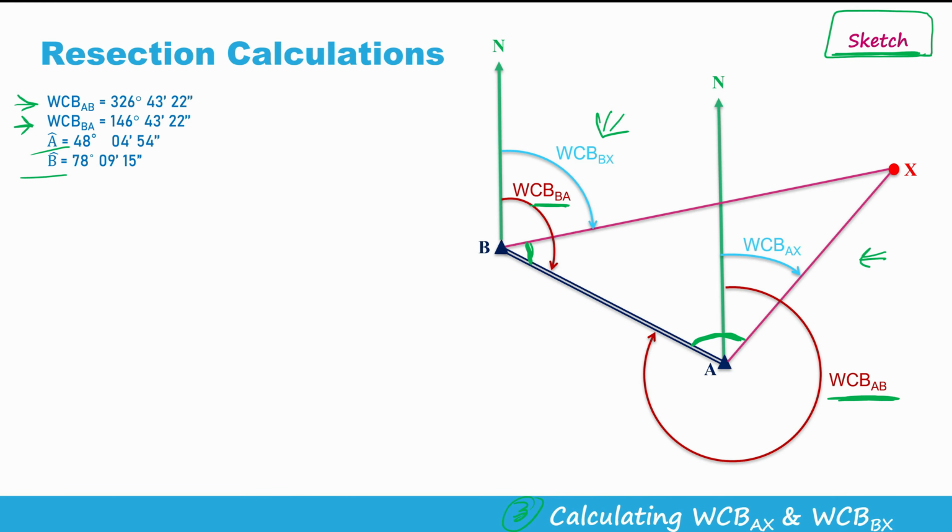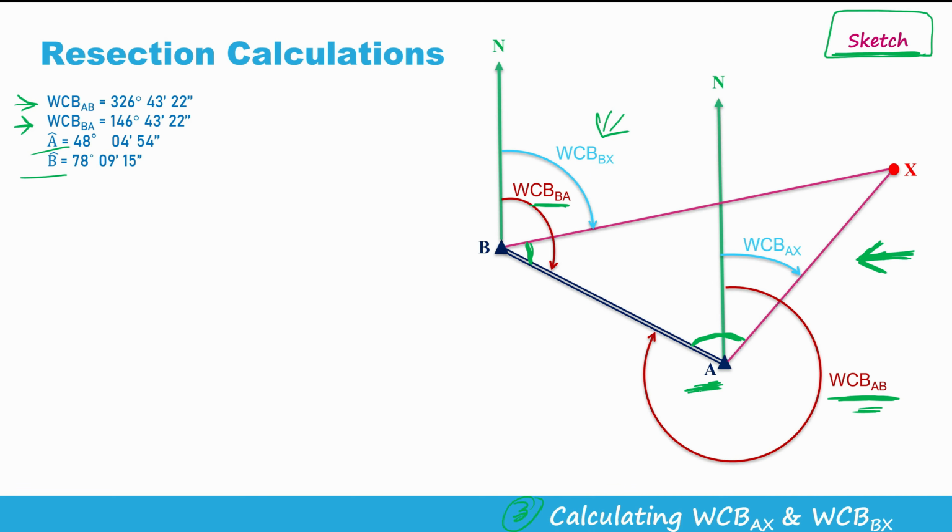How to calculate the whole circle bearing of AX? Let's start with AX from this sketch. Keep in your mind that you know this value of angle A and you know this value of whole circle bearing of AB.